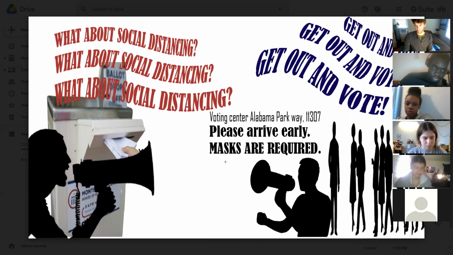And basically with this image, I wanted to show how this year's election is going to be maybe very different depending on what happens as far as how people can vote, and how that may affect the election.